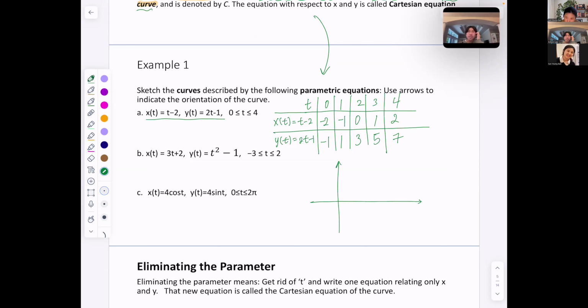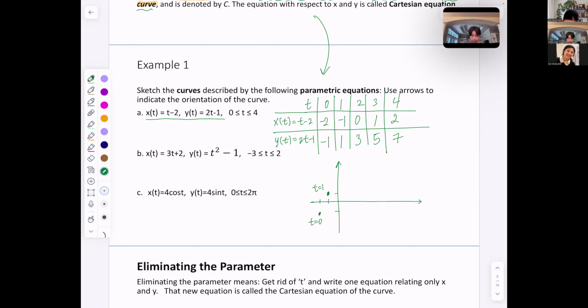So where is negative 2, negative 1? This is t equal to 0, negative 2, comma, negative 1. Are you guys okay with that? Okay. And then what about t equal to 1? T equal to 1 is negative 1 and 1 here. Keep on doing.